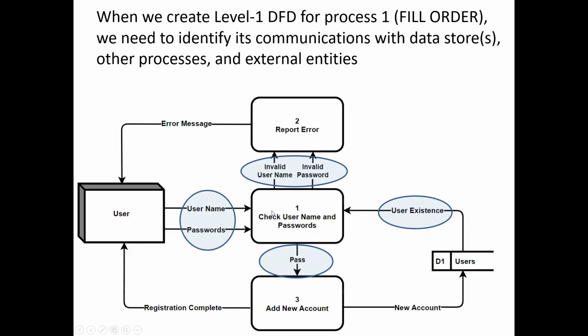As you can see here, process 1 communicates with user, which is an external entity. It also communicates with process 2 and process 3. Finally, it retrieves information from this data store. As for process 1, all of its communications, that is, all of its data flows, must show up in the level 1 diagram we create for process 1.